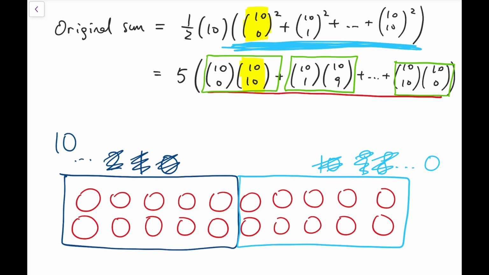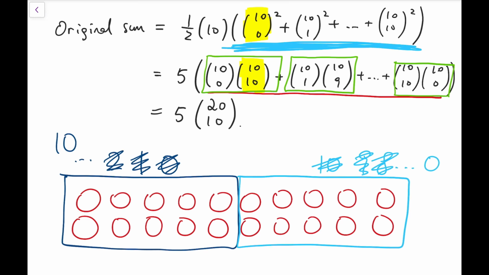Notice, when I add them all up, it will be the number of ways to choose exactly 10 objects from all these 20 red objects. So the sum of these products of binomial coefficients will be exactly 20 choose 10. Ignoring the tedious calculations, I can tell you that this sum is exactly equal to 923780.